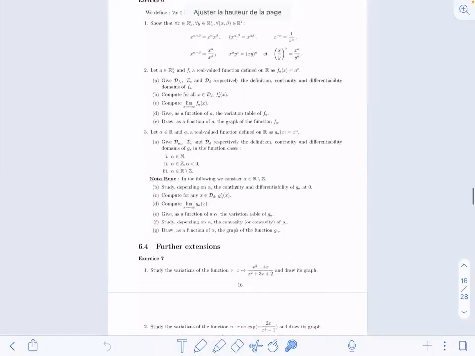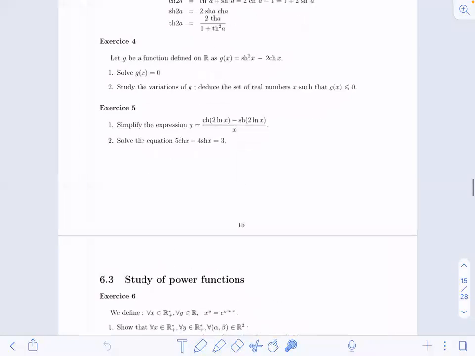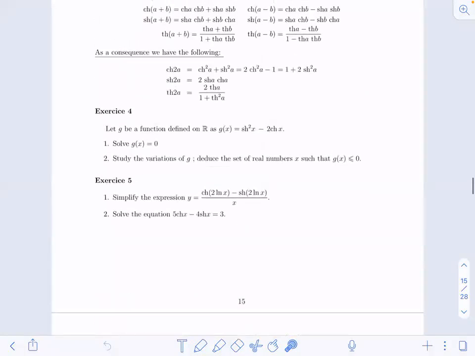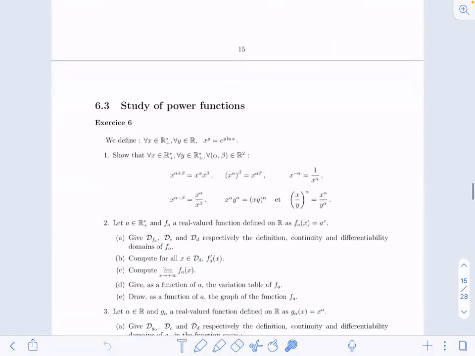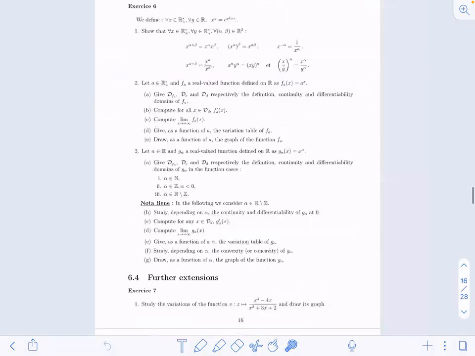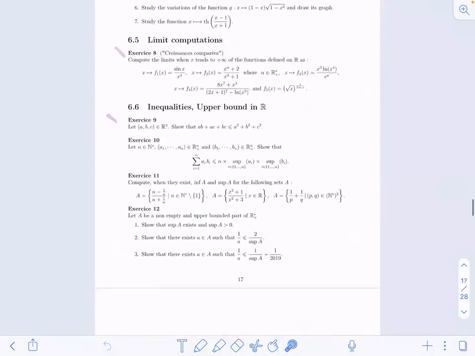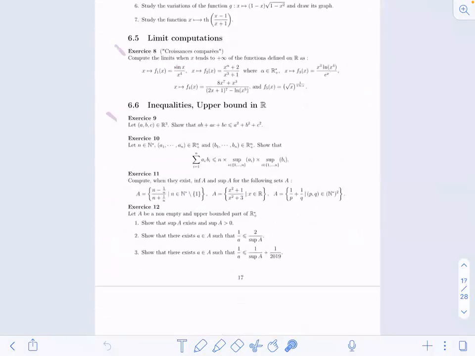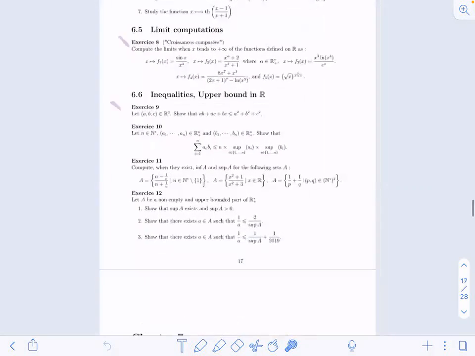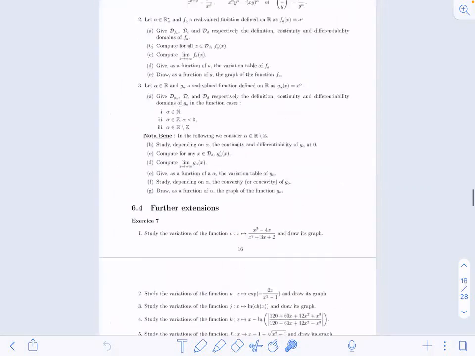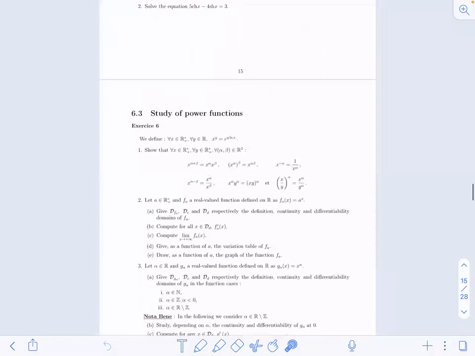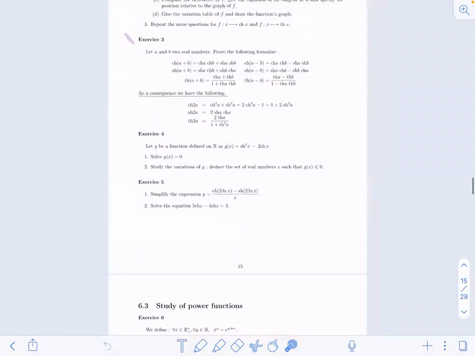The exercises that we've got at the moment are mostly related to the hyperbolic trig functions. So we've got exercise 4 to do. We've got stuff related to power functions. There isn't much related to convexity yet, but it will definitely come up at various points. And if you take a look at past papers, you'll see that it's quite explicitly asked of you at some point.